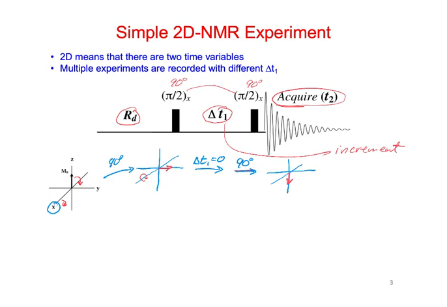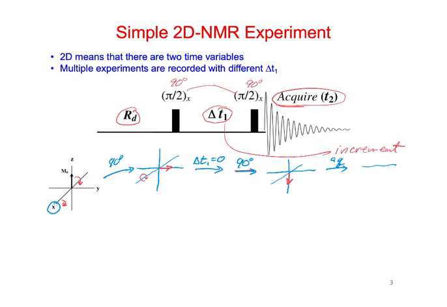And then we're going to do acquisition. So what's our spectrum going to look like if we do acquisition at this point? Nothing, right? Because there's no signal in the XY plane. So our spectrum is just going to be a straight line, nothing.